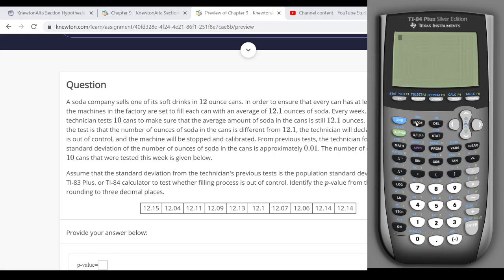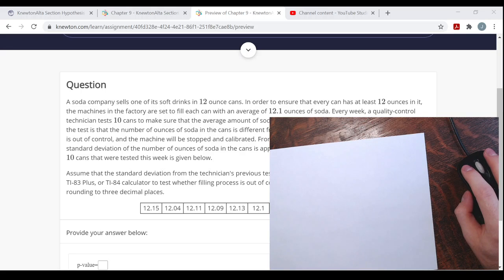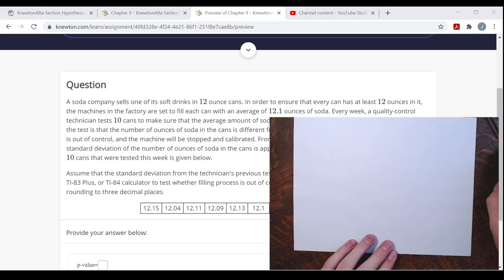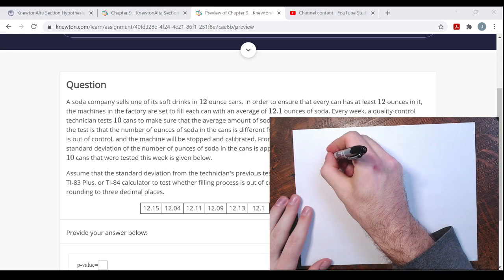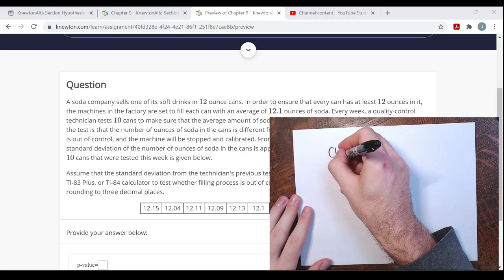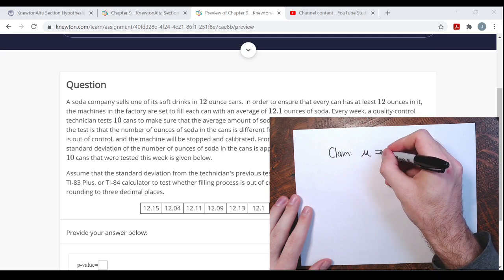Now, on a piece of paper, they didn't give us any hypotheses here, so I'm going to write down what the hypotheses are and what we're testing. Let's pull that up here. I'll move the calculator out of the way for a second, because they didn't give us any of that. So the claim here, what's being tested, is that the average is different than 12.1.